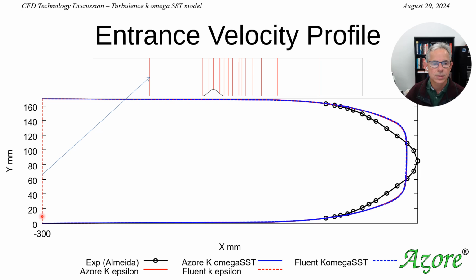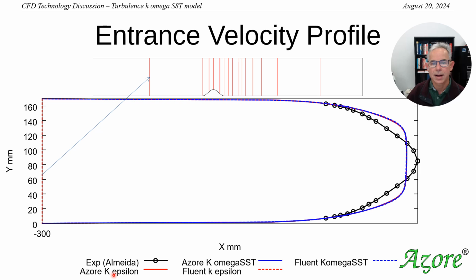And so the distance from this point out here represents the magnitude of the velocity that was measured there. And from here to here is the position from the bottom of this slot to the top of the slot as you pass up.